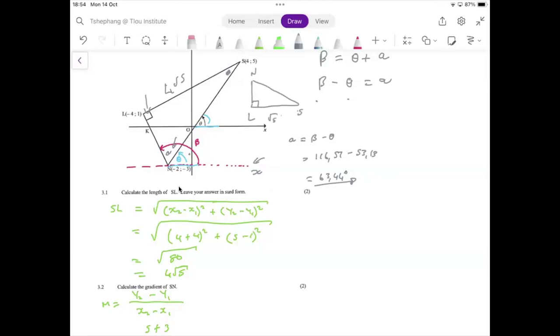We said this is 4√5. This you would have calculated using the distance, and what you're looking for is this angle. So you can use opposite over hypotenuse to find that angle, and that should work. The sine rule will also work. There are many ways to solve this question.